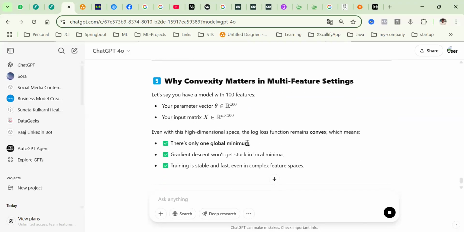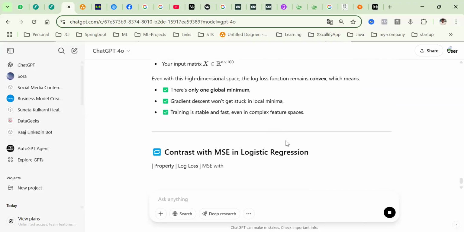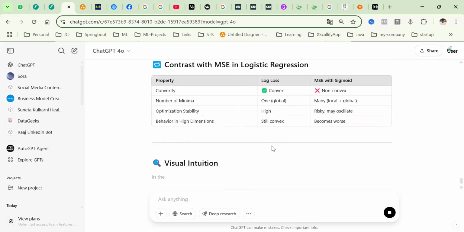It has just one global minimum. If you apply log loss, it will give a convex graph. In the case of MSE, it will not be convex.